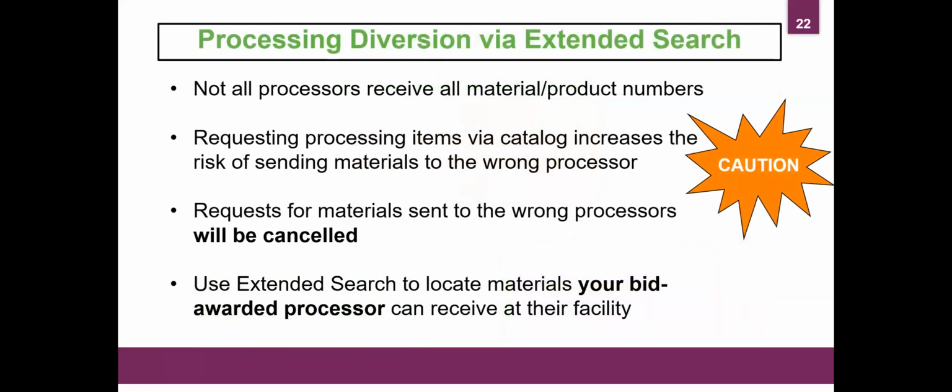Not all processors receive all material product numbers. So this is why it's critical that when you put in your processing request, you've done your homework, we're going to follow that quality assurance, and that will ensure that we are sending the appropriate material product number to the appropriate processor. Because what happens is, let's say you pick a wrong material number and maybe the correct processor.